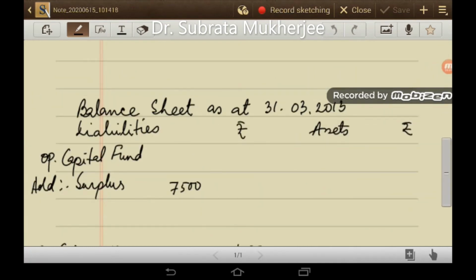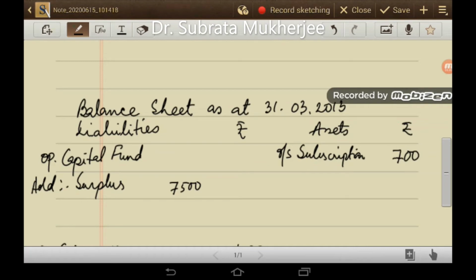So again in the closing balance sheet I am writing outstanding subscription. So all the adjustment entries I have to post in two places. So outstanding subscription of the current year I am posting in the closing balance sheet as rupees 700.